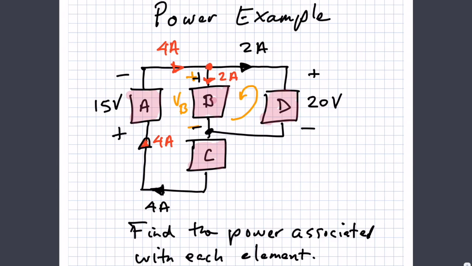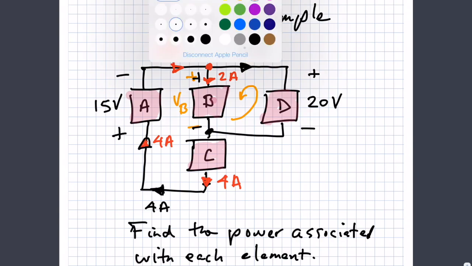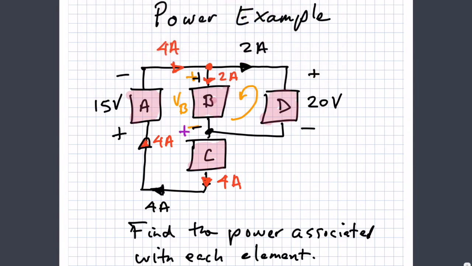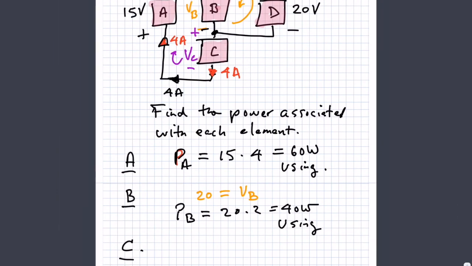Element C, I have 4 amps coming down this way. This is the same branch, so this is 4 amps. I also need to know the voltage across, so I need to know VC. So I have to write a loop equation, and I could go in this direction. I see I have a drop of VC.